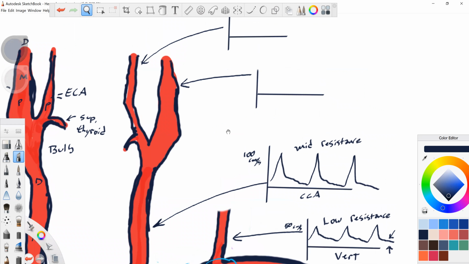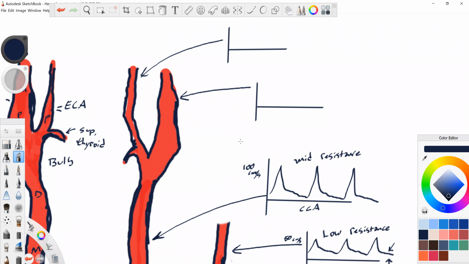Okay. Now, let's look at this ICA first. That feeds the brain. It's going to have a waveform that looks similar to this. Should be a little bit higher velocities though.